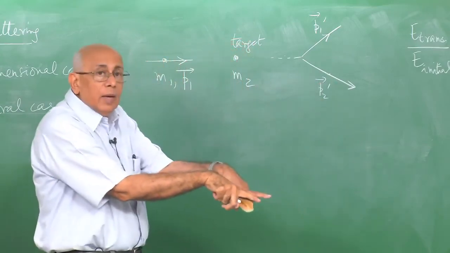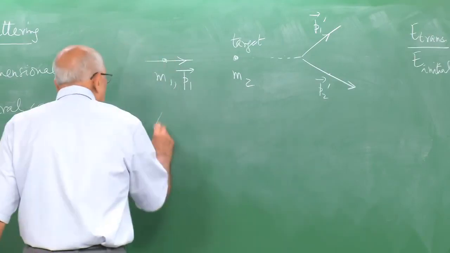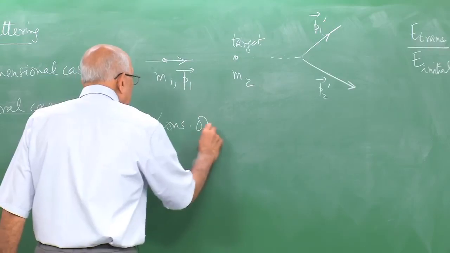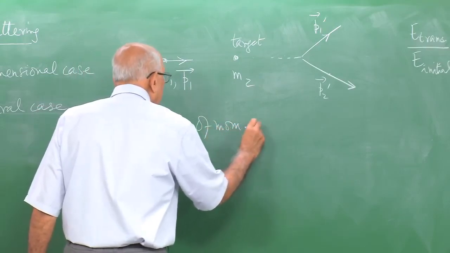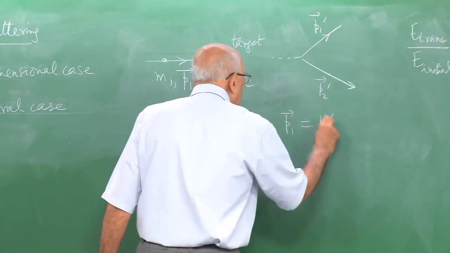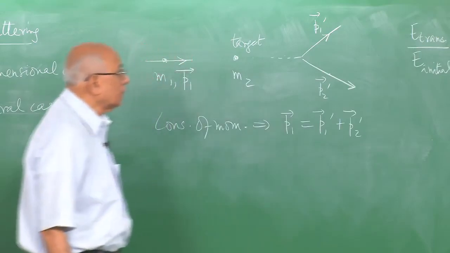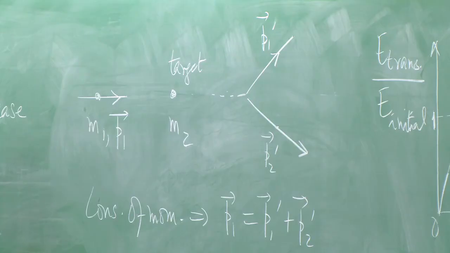P1 prime and P2 prime form a plane, and conservation of momentum now implies that P1 is equal to P1 prime plus P2 prime as vectors, as three-dimensional or any-dimensional vectors in dimensions greater than 1.